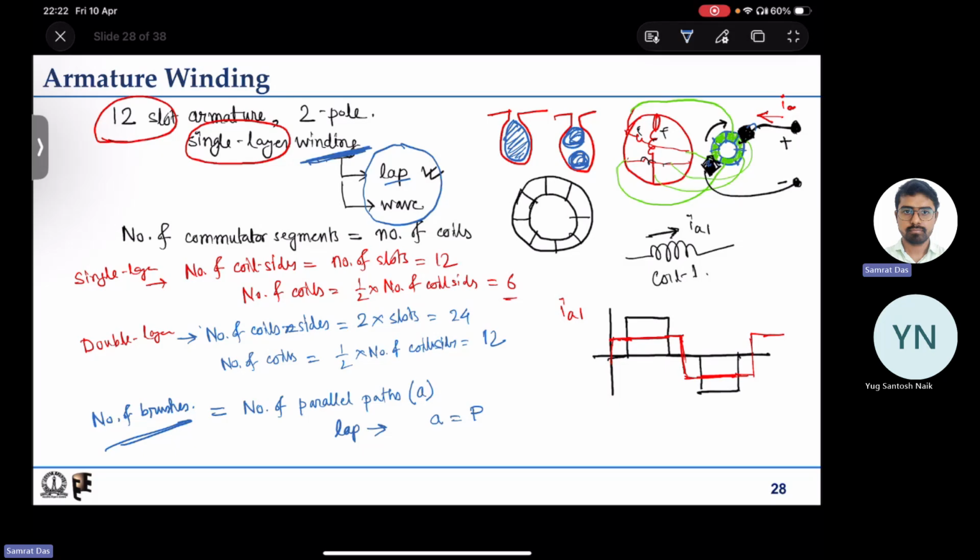So for this case, with lap winding and two poles, the number of brushes will be 2. But if it is wave winding, then A is always equal to 2, so the number of brushes will also be 2. It is 2 for all cases of wave winding, but for lap winding it is equal to the number of poles. This is a specific case where you have 2 poles, so that is why for this example we will have 2 brushes.